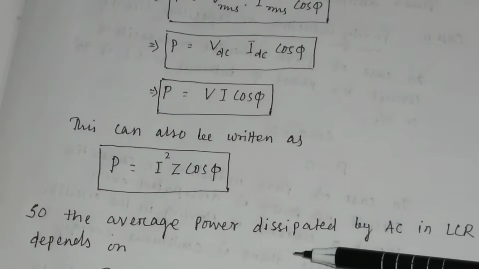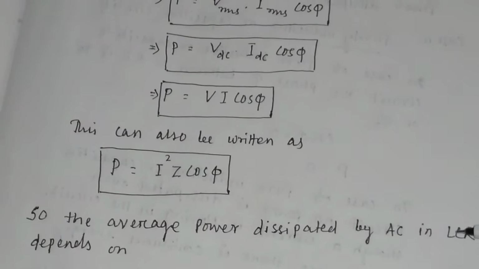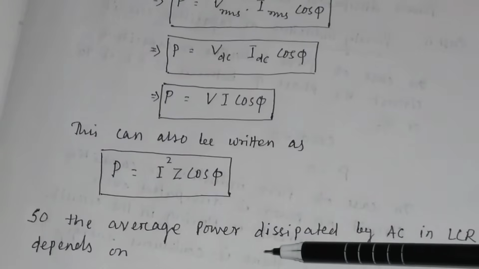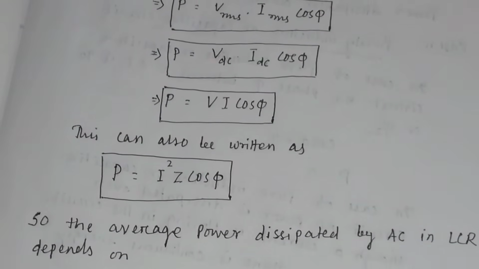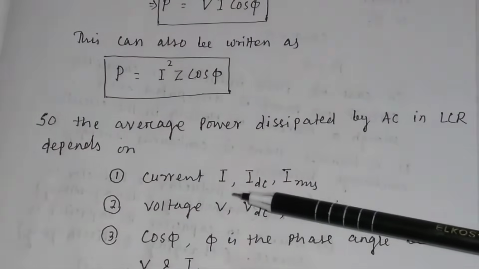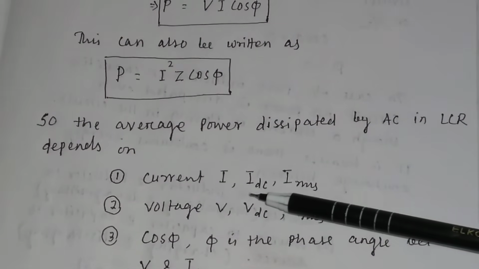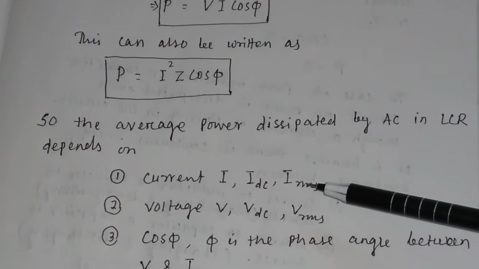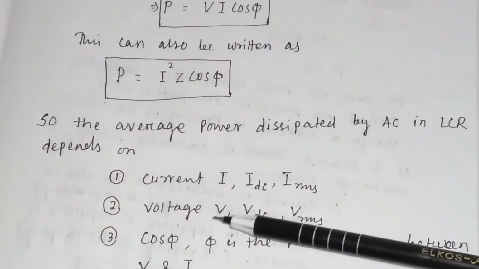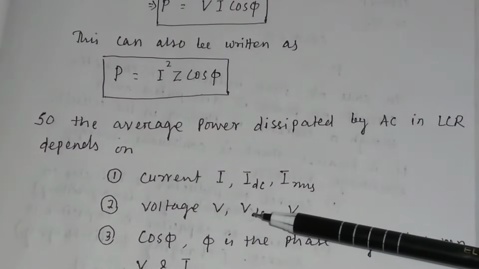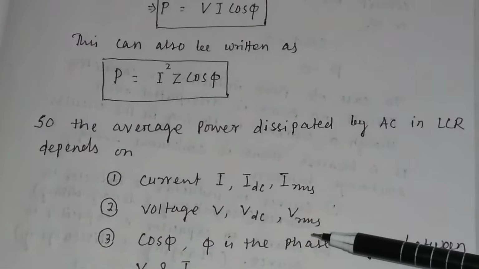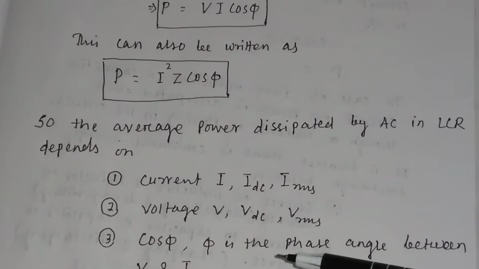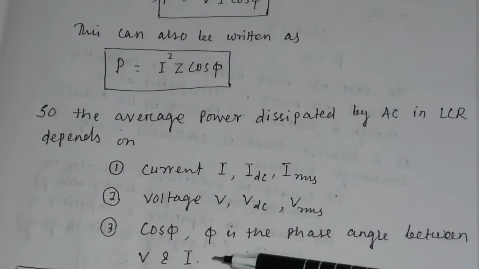So the average power dissipated by the AC in the LCR circuit depends on three factors. First one is the current, that is I or Idc, or you may say Irms, and the second factor is voltage, that is V or Vdc, or you may say Vrms, and the third factor is cos phi.